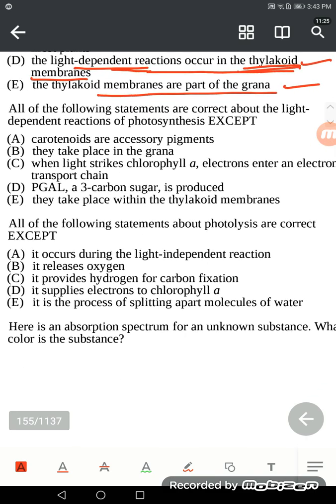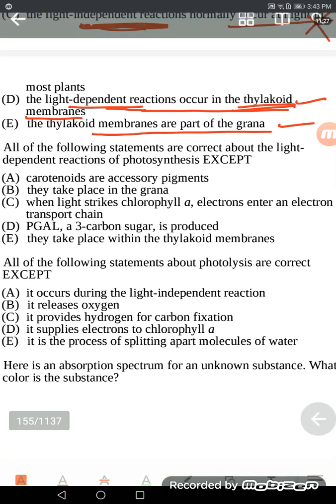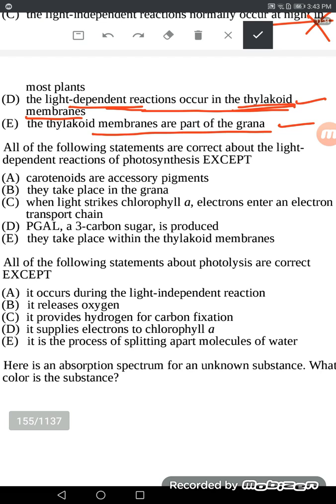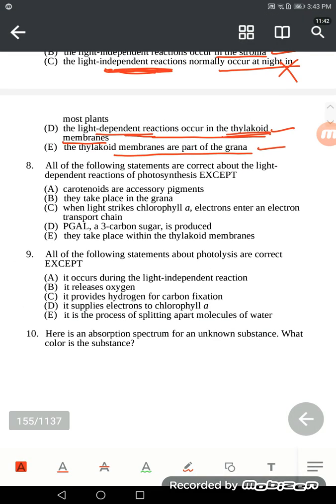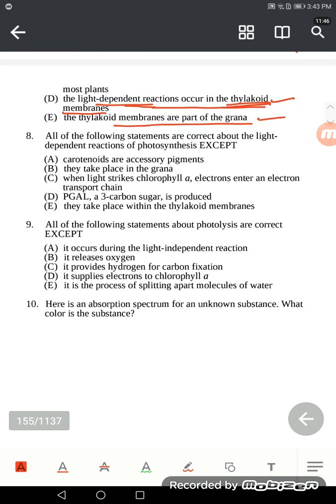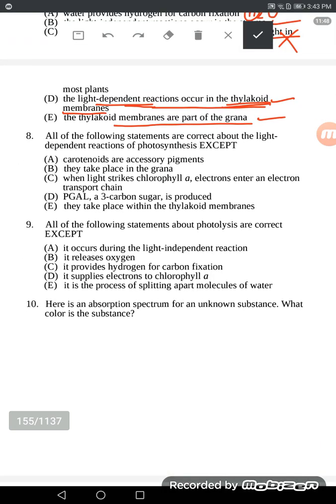It takes place in that part. So the answer for this question, guys, it will be D.